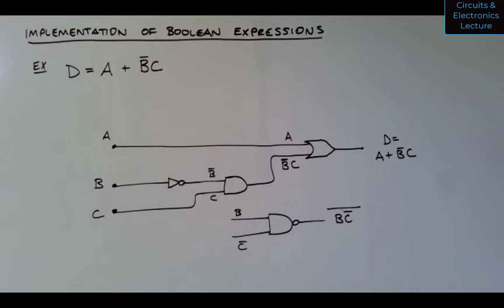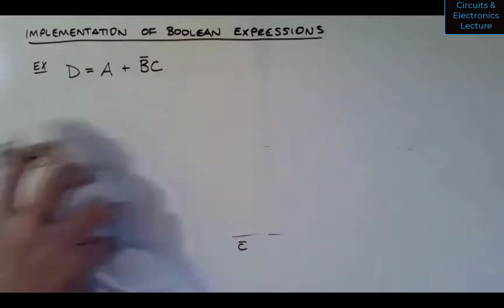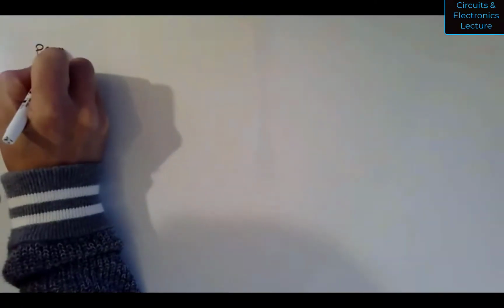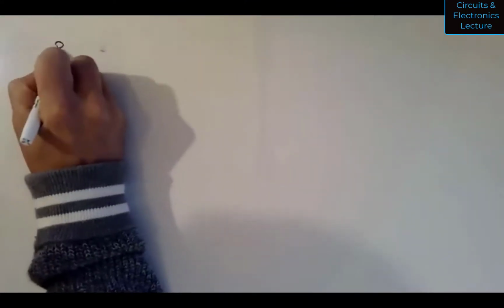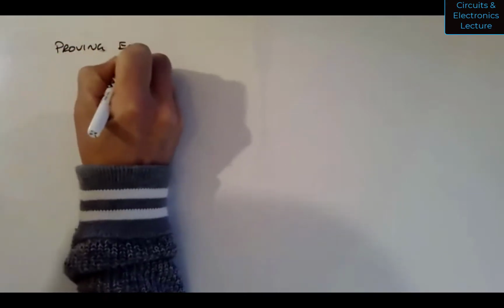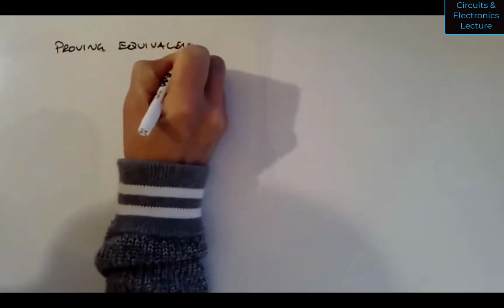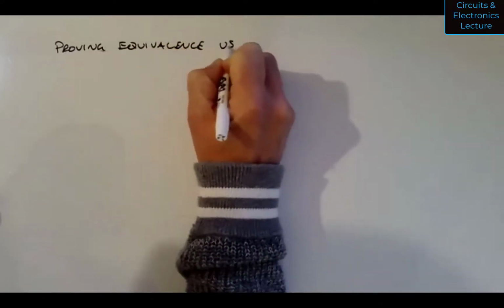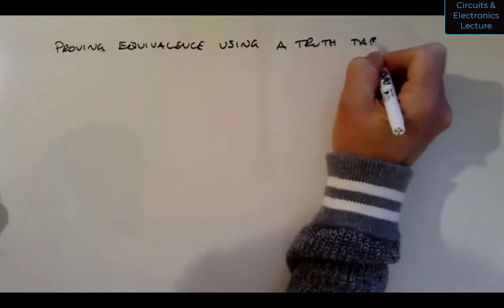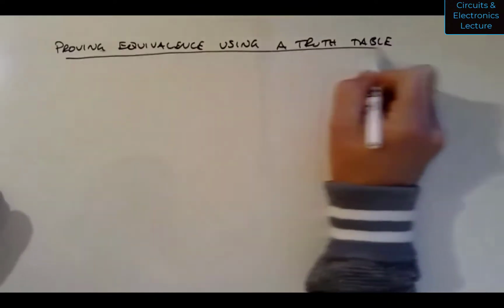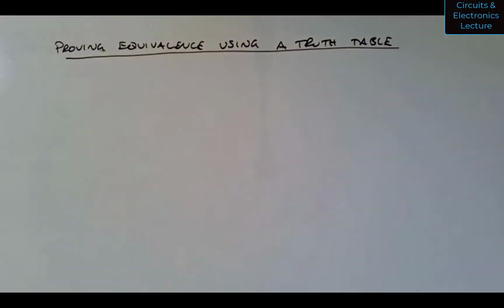So what I want to show you next is actually another use of a truth table. Proving. I want to talk about proving equivalence using a truth table, just to show you a couple things.